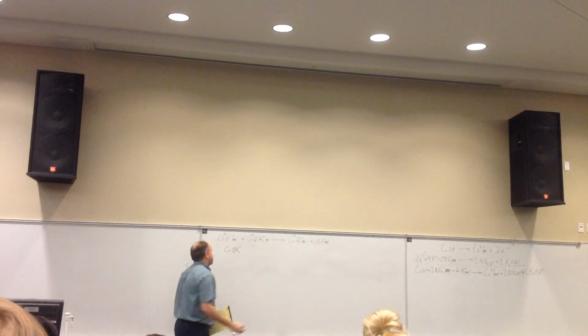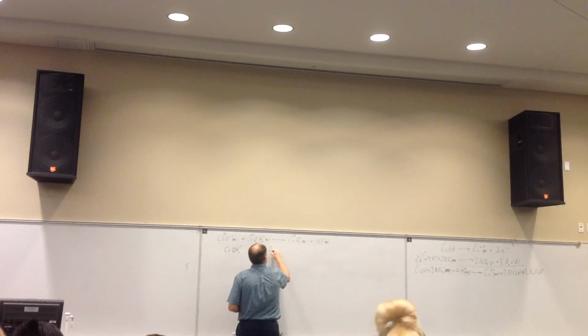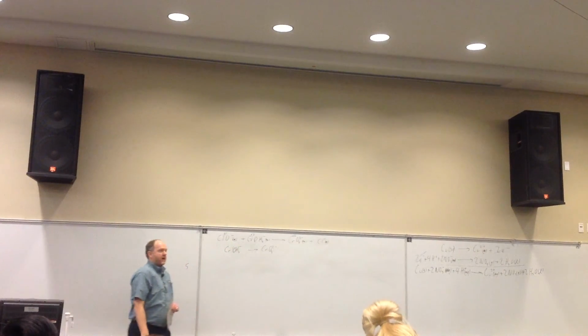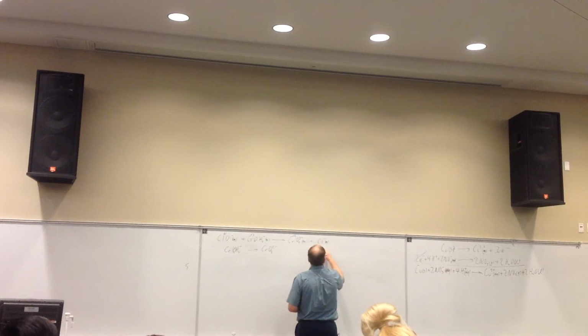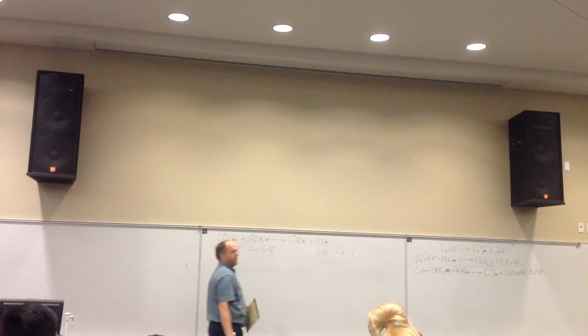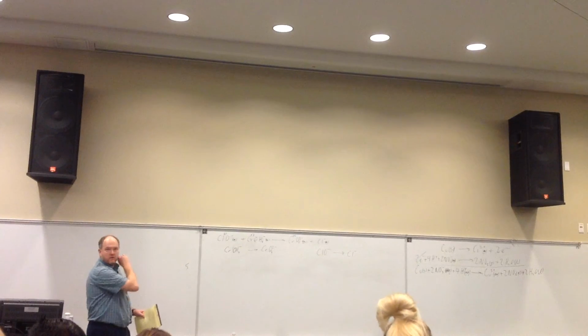I'm going to leave off the phases so we can write all this stuff out. Chromium gives me chromate. That is my oxidation half reaction. My reduction half reaction is the hypochlorite going to chloride. That's step number 1 and step number 2.